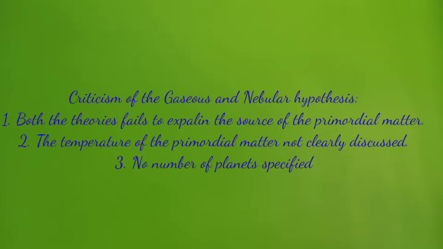So these were certain criticisms that the hypotheses had to face. But despite the criticism faced, like I said, we consider them equally important because they laid the foundation for the discussions of the origin of the planets.